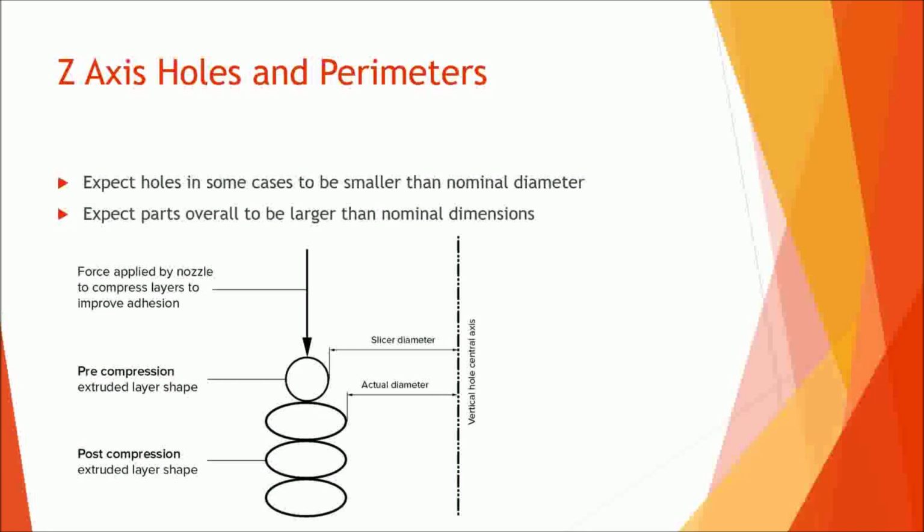Some have that option, or you can compensate for it in your CAD software when you're designing for it. And sometimes you can have dimensional issues for the same reason. On the outside of your part, any dimension can be affected by this if not taken into account.